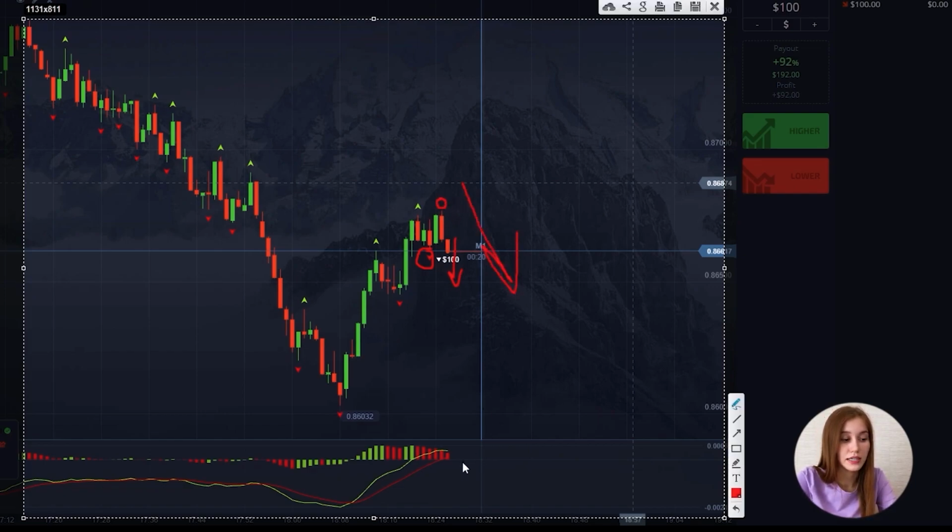That will indicate that the chart will move down. We also see by the MACD indicator that now the main line is above and it's directed to this side of the signal line, so it's about to cross it. And it's the sell signal.